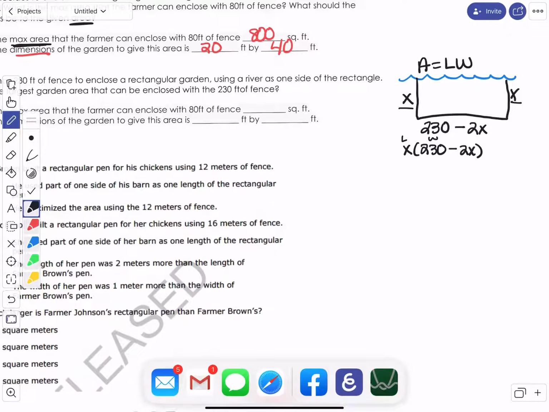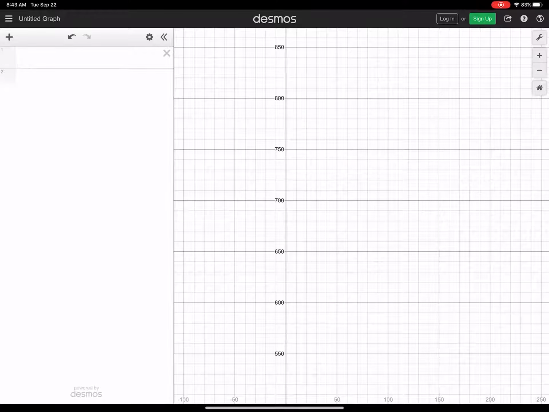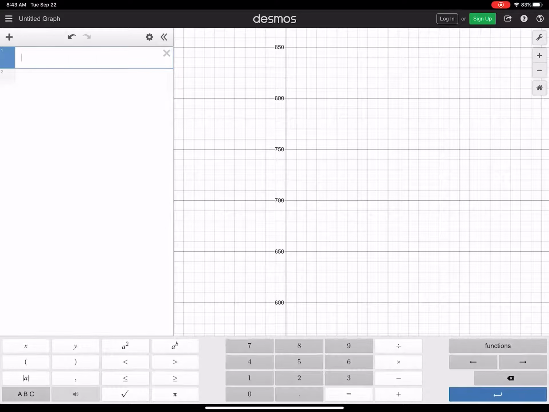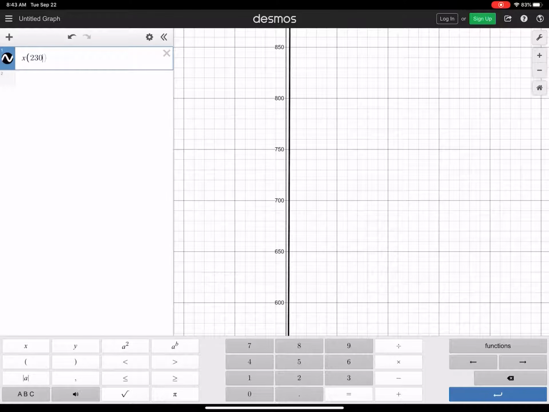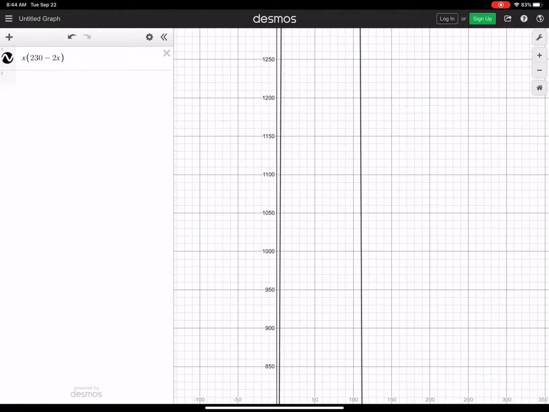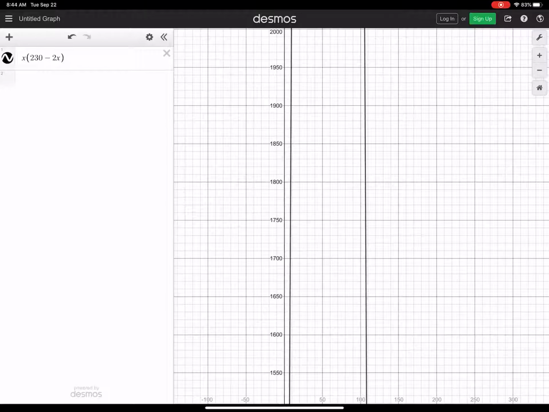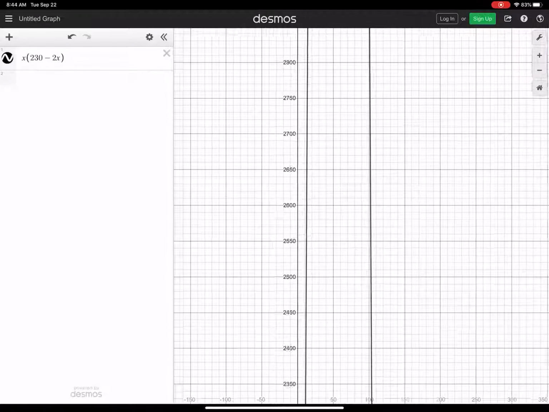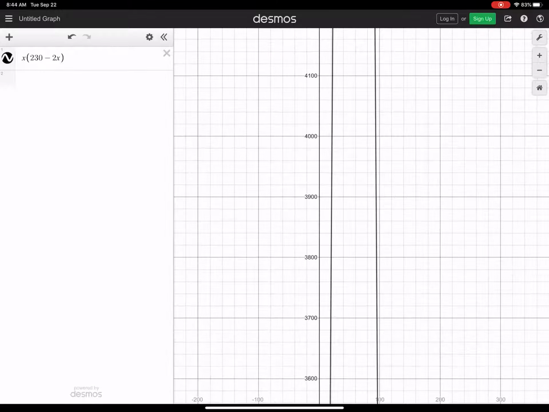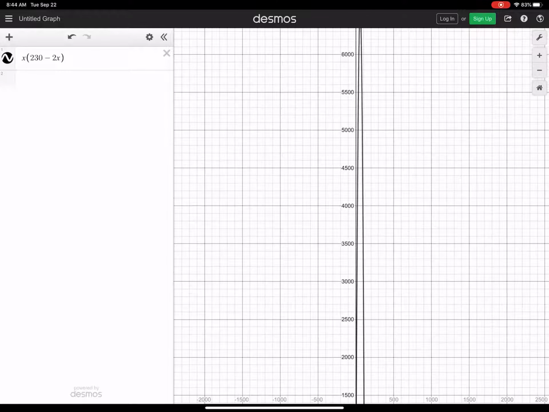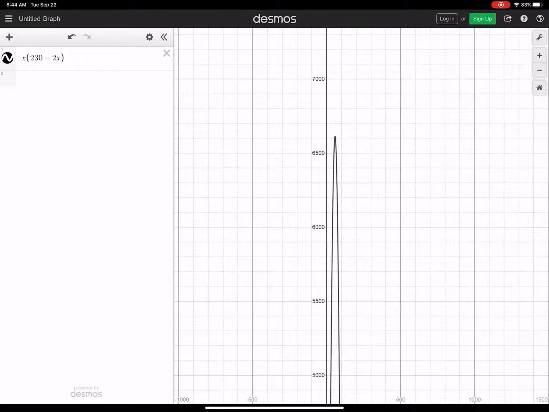So let's go back to Desmos and we'll type that in. So we've got x times 230 minus 2x. All right, so let's go find the top of this parabola. Let's see, we got to go way up. Let's just zoom out a little bit here. There we go.